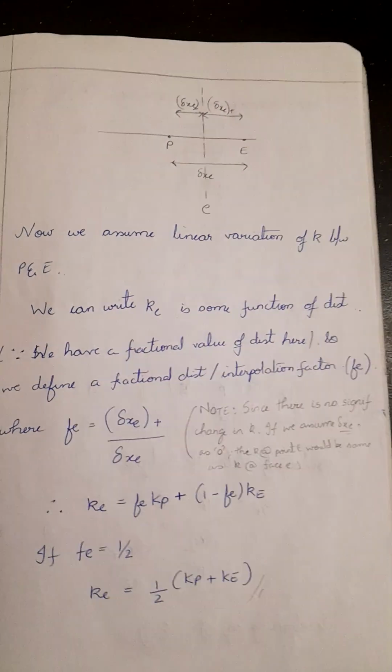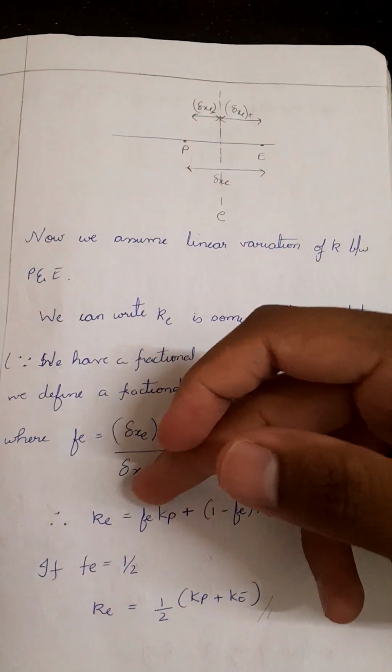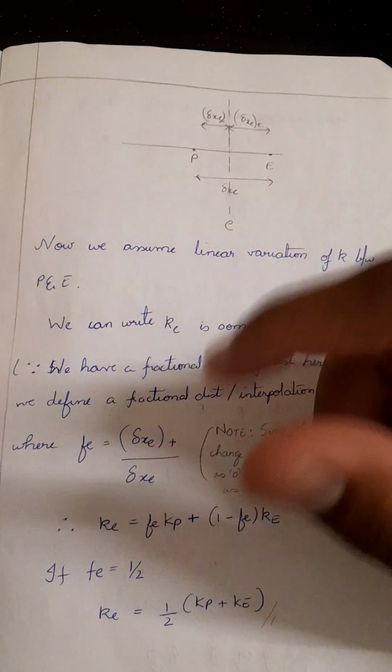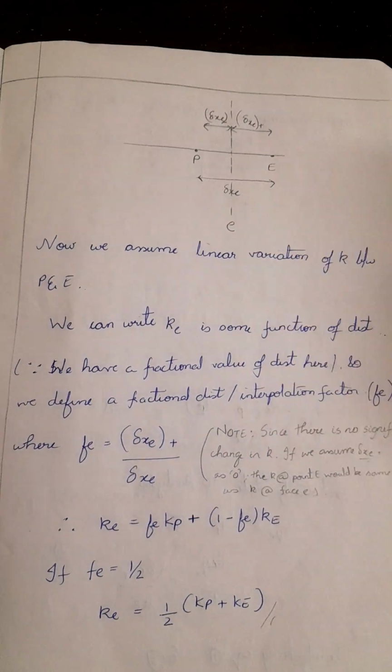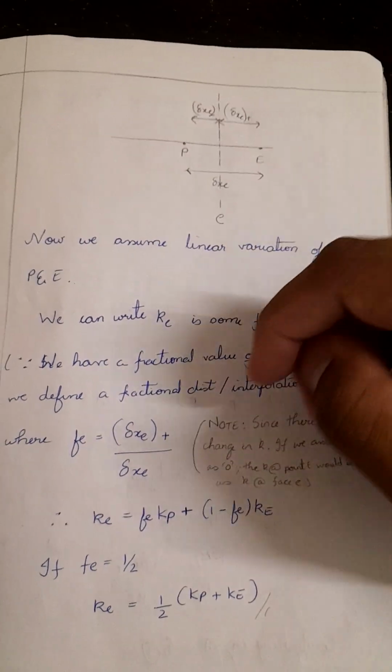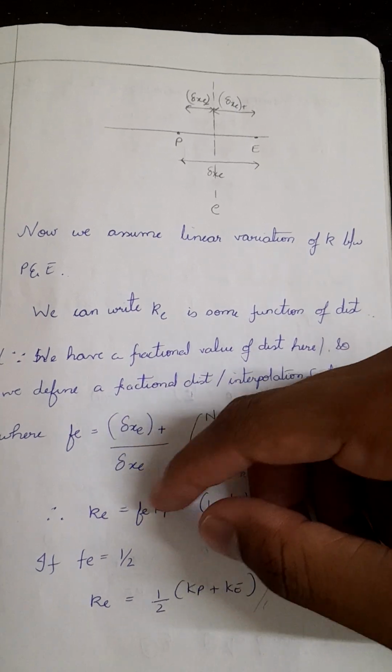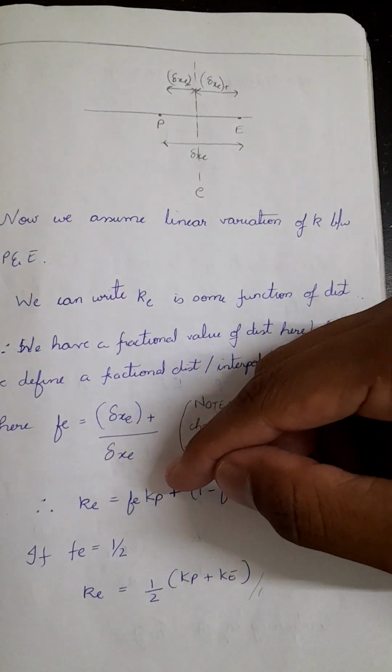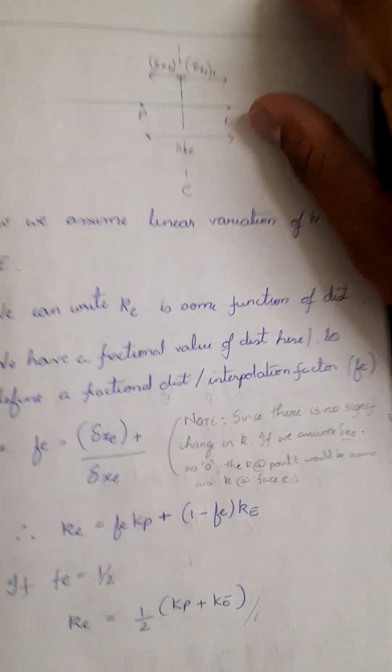As I told you, this thermal conductivity equation is a function of distance as well as thermal conductivities. The function of distance is the interpolation factor, wherein I would be dividing my thickness.